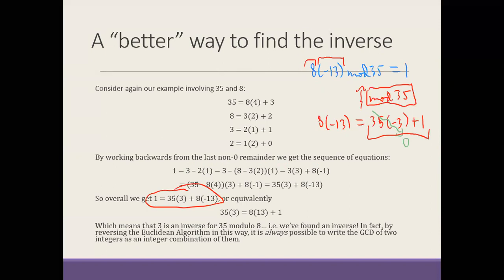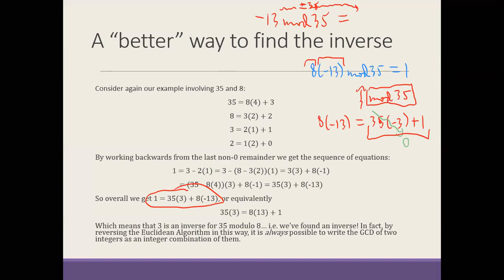By the way, -13, can you think of -13 mod 35? Can you think of other things that that's equivalent to mod 35? Here's a hint. Just add multiples of what? Just add like 35 or subtract 35 or just add any multiple of 35, yeah?